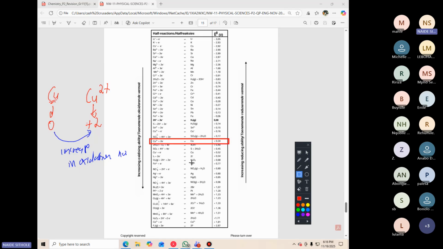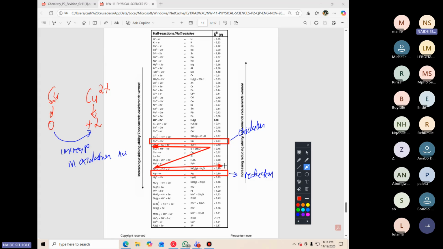We have copper, and then we have ubani, silver. I always said the one that appears above in the 4B table is the one that undergoes oxidation, and the one that appears below is the one that goes reduction. And then also remember the zigzag method, the Z method, right?